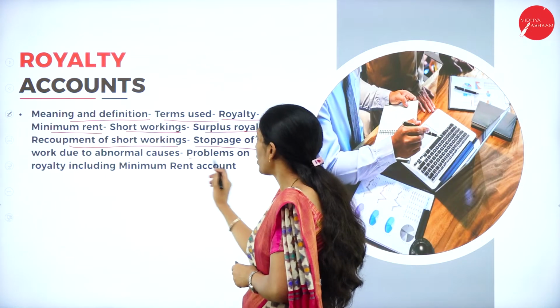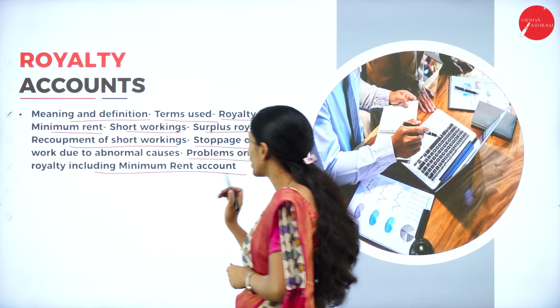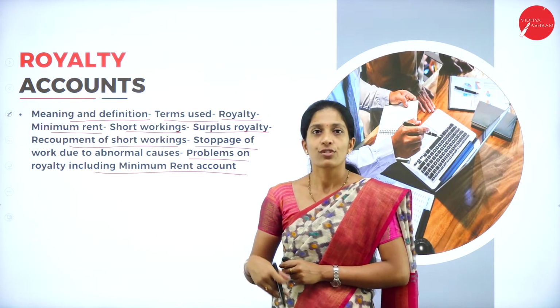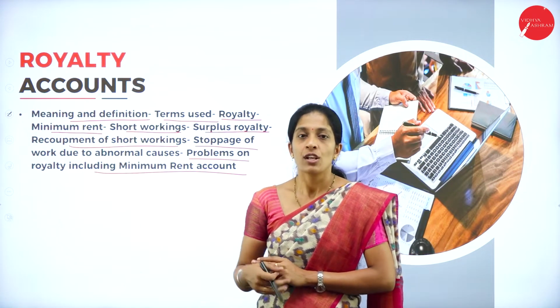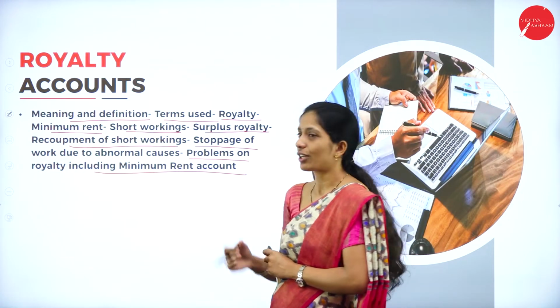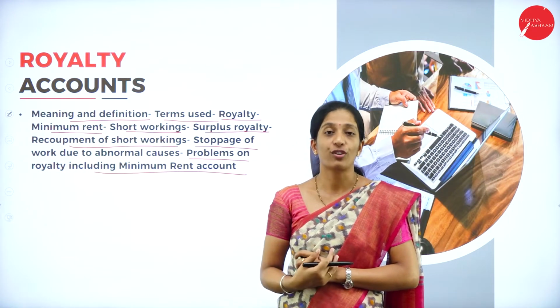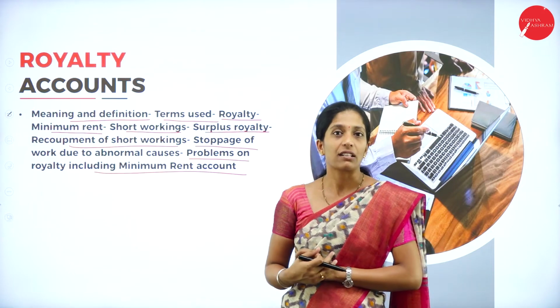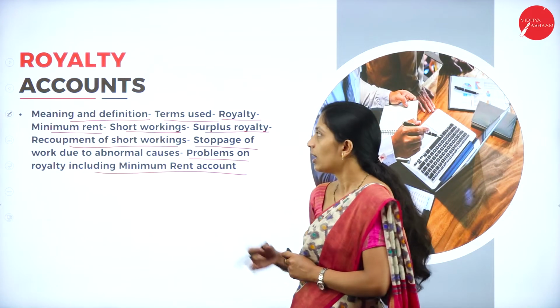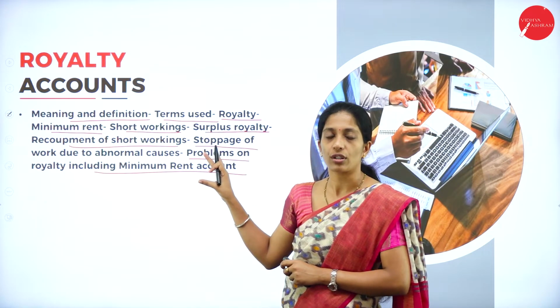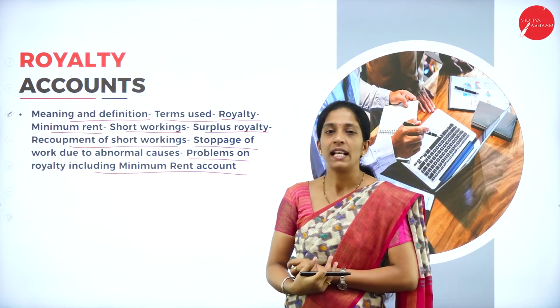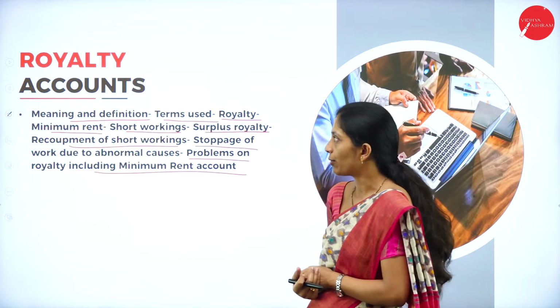Then you will have a problem on royalty including minimum rent account. This is a 10 marks problem, where you might get a question to solve a problem on royalty where you have to prepare the minimum rent account. So these are the concepts you are going to learn under your fourth unit, that is royalty accounts.